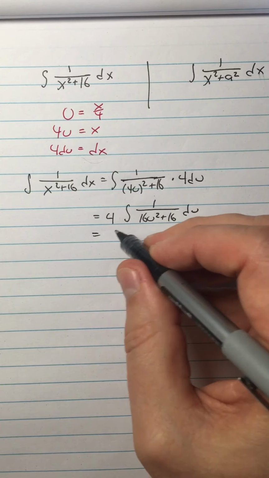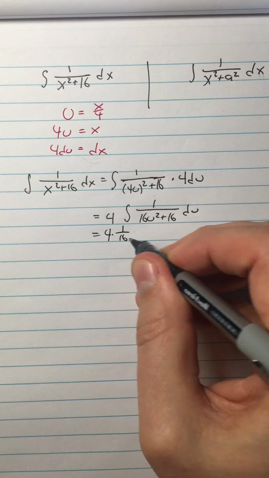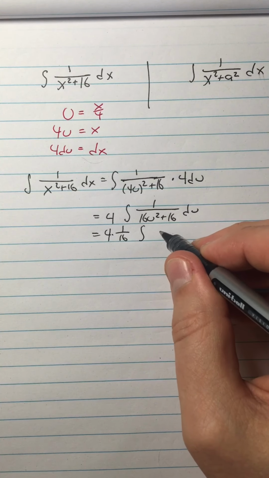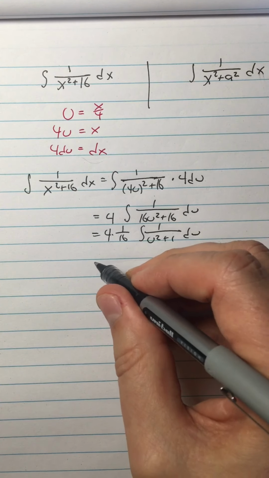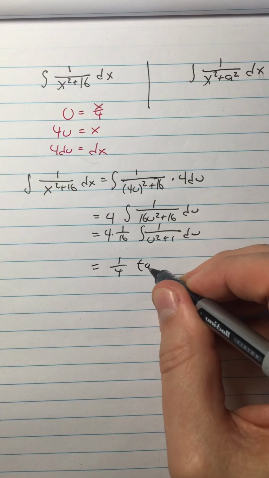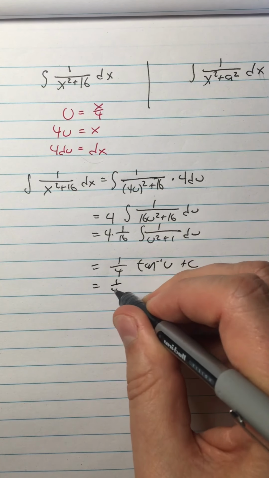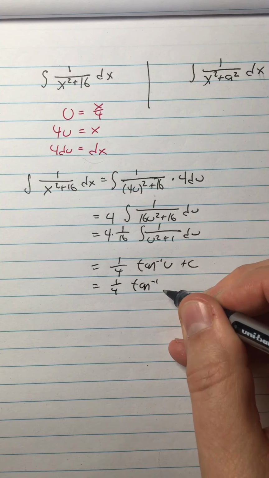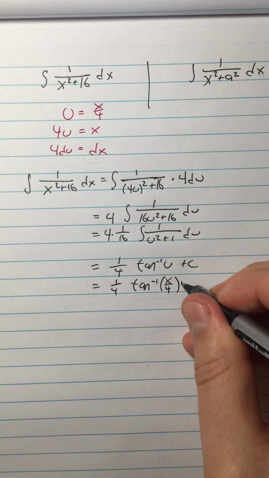So factor out the 1/16th. We could combine it right away and get 1/4. I'll go ahead and write it one more time: 4 times 1/16 integral of 1 over u squared plus 1 du. This one's inverse tangent. Combine these fractions, 1/4 inverse tangent u plus c, and then sub back in the x, 1/4 inverse tangent of x over 4 plus c.